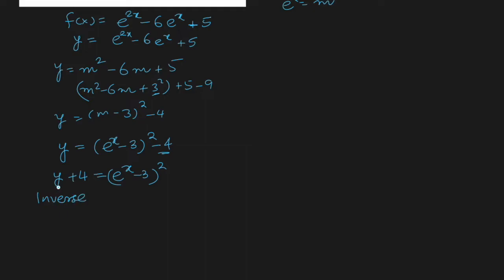In the inverse process, y becomes x and x becomes y. So square root this, square root this also. So we get, square and square root cancel out, square root x plus 4 equals e to the power y minus 3.